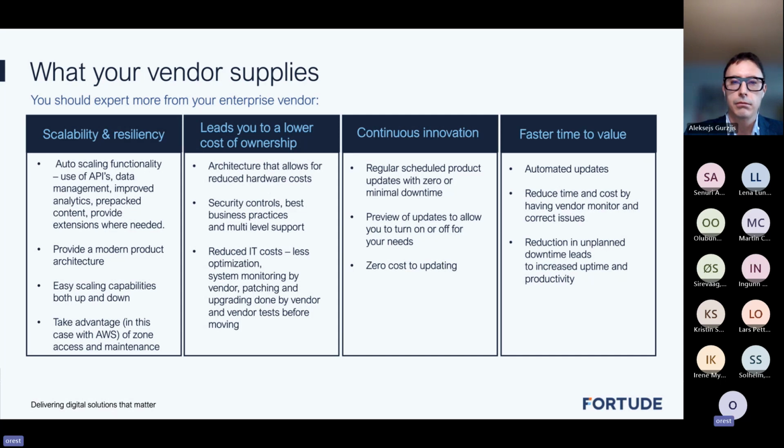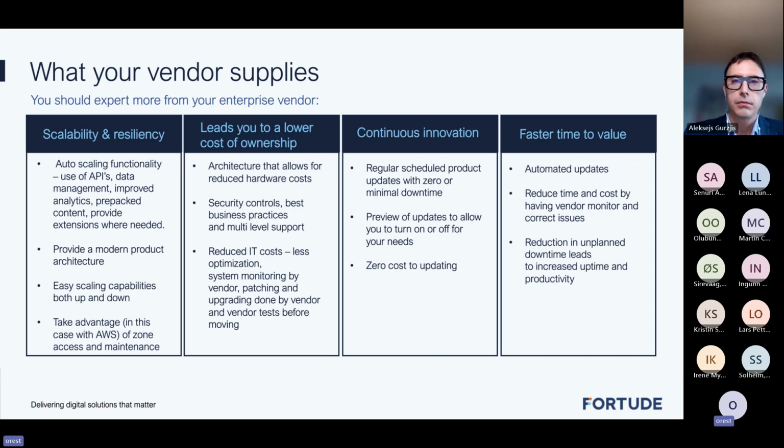Lastly, the vendor helps you provide faster time to value. Automatic updates, like we just mentioned, are happening, and you can be always expanding and growing with the solution as these updates, whether they're food and beverage or fashion, are happening for you. They can reduce time and cost because now the vendor takes care of these situations for you.